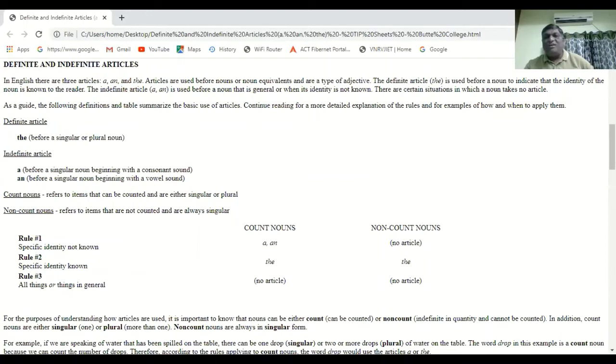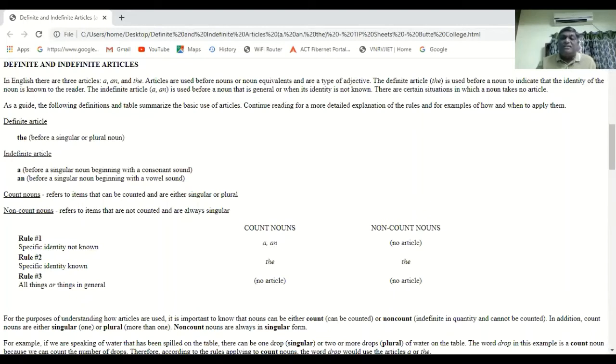So articles are always used before nouns, not pronouns. We don't use an article before a pronoun. We always use an article before a noun. That's why we say articles are adjectives.